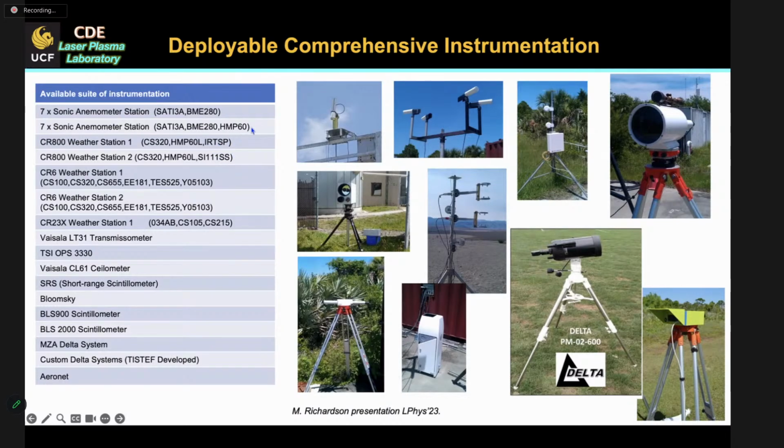Not only do we do anemometry, which measures CT squared, the variation of the turbulence as a function of temperature, which can be converted by many models into the variation of refractive index, but we also have weather stations and a ceilometer, and then we use three types of scintillometers that make direct statistical path measurements of the changes in refractive index.